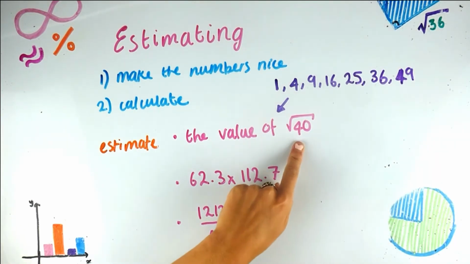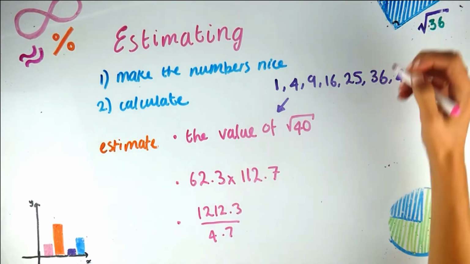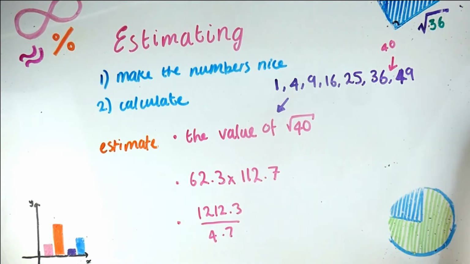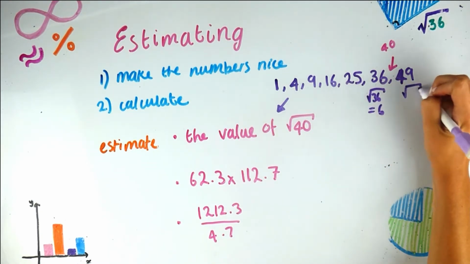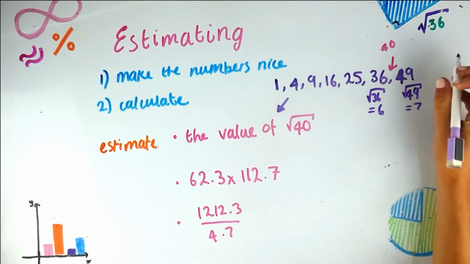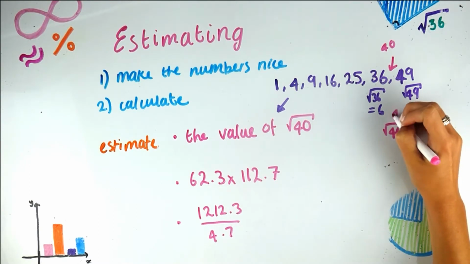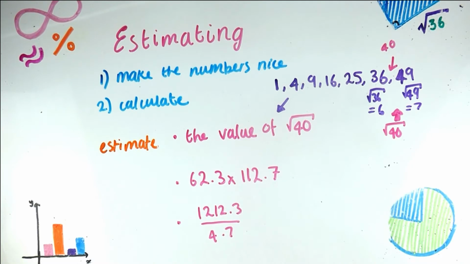Okay, and this 40 is in between this 36 and this 49. So I know that root 36 is 6 and root 49 is 7. So I know that root 40 is somewhere in between 6 and 7, but I'm doing an estimate, so I'm either going to pick 6 or I'm going to pick 7.